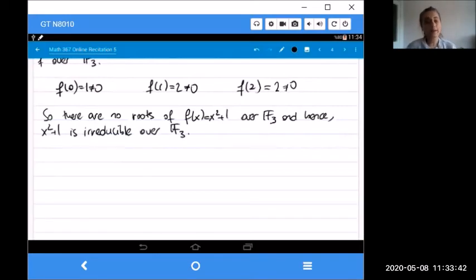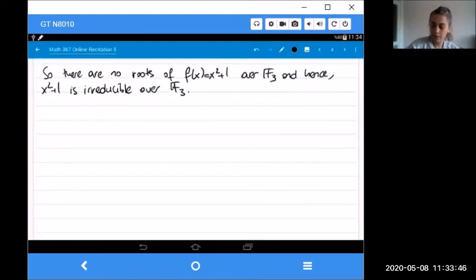And this means that the ideal generated by x squared plus 1 is maximal. Hence, I, which is the ideal generated by x squared plus 1, is a maximal ideal of F3 of x.